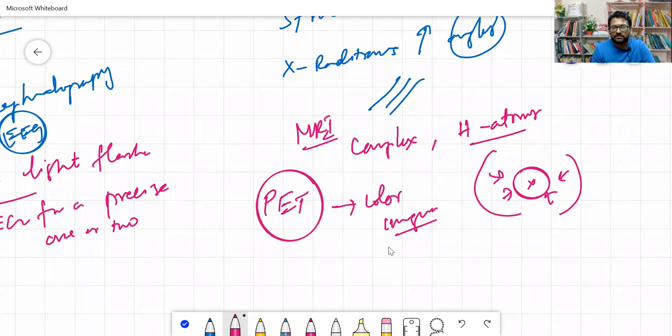During these activities, we can see which areas are active, and we can study the color images. This is in vivo, and in vivo means in live condition.